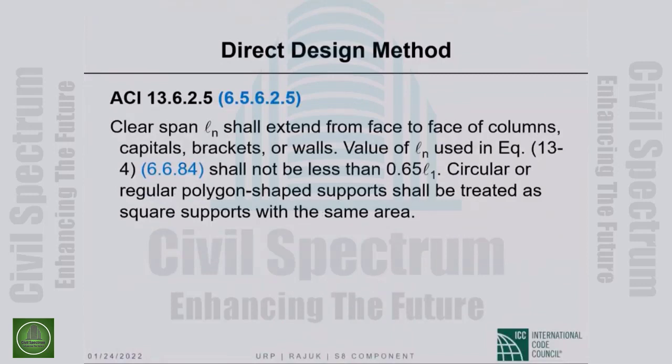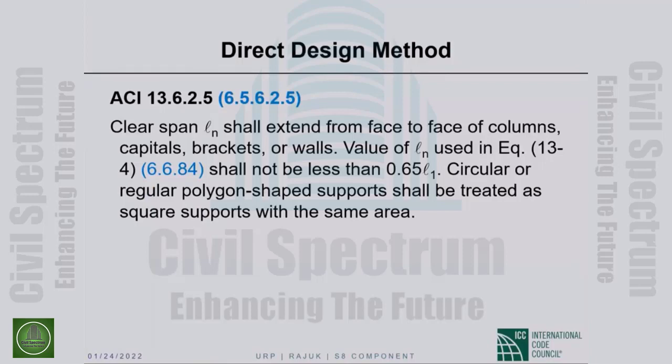Now, clear span L sub n shall extend from face to face of columns, capitals, brackets, or walls. Value of L sub n shall not be less than 65% of L sub 1. This is quite important. Circular or rectangular polygon shaped supports shall be treated as square supports with the same area.